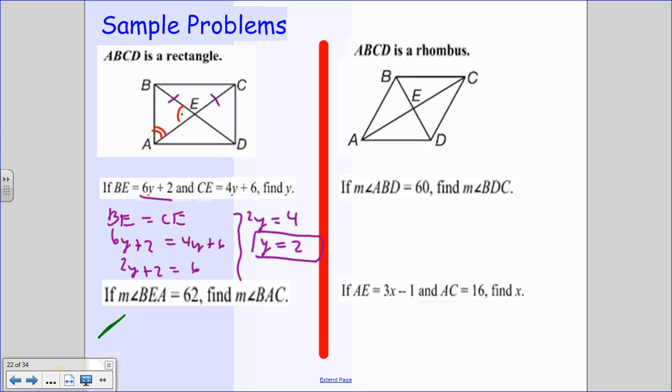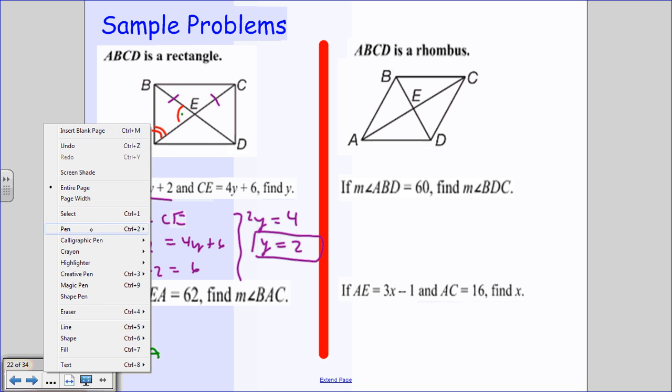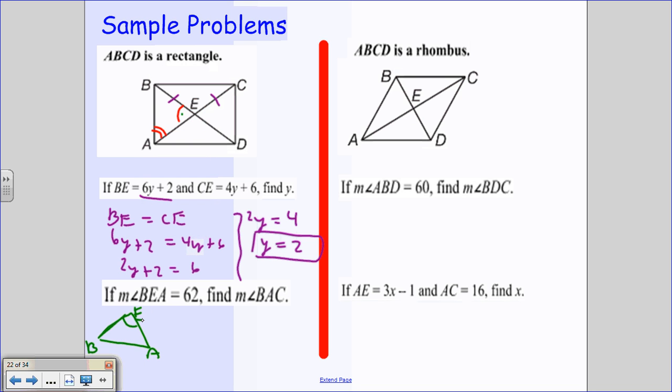So if I were to redraw it, it would be B, E, A, where this is 62 degrees, and our job is to find this corner here. So let's call that x. But since it's isosceles, this is also x. So that's 2 times x plus 62 is equal to 180 degrees.